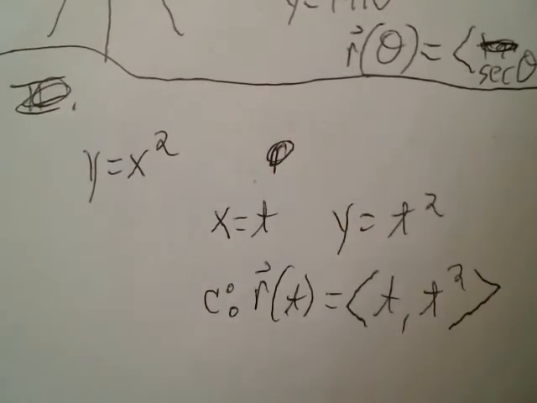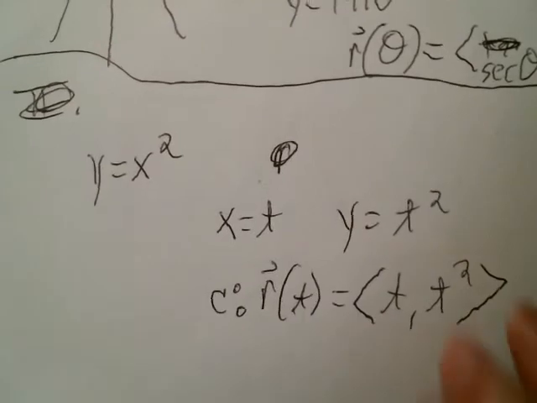So these r of t things are the curves that we're after. Okay, so now let's actually get back to work and take a look at finding r of t. Okay, so section 2, finding r of t.